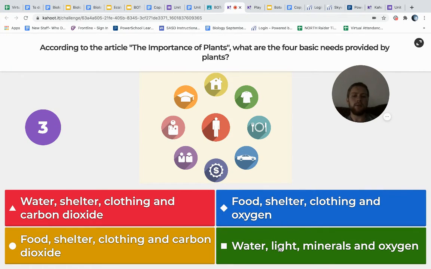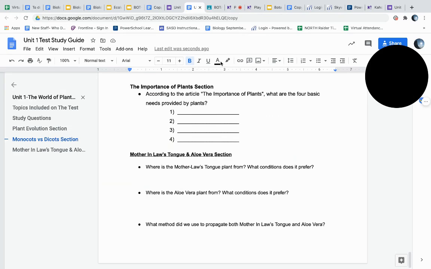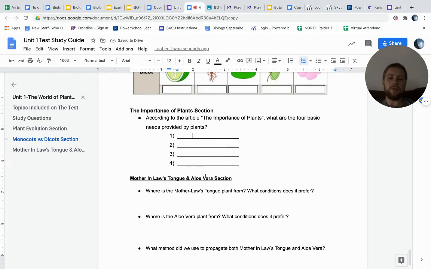We don't get minerals necessarily, we don't get carbon dioxide. Plants help to remove carbon dioxide and absorb it from the atmosphere, so we don't get it from plants. We get oxygen, clean air that we breathe. That's why it's good to have a lot of trees around, right? So based on this, you can go ahead and type in your 4, for example, food, so on and so forth, just so you have that to reference.